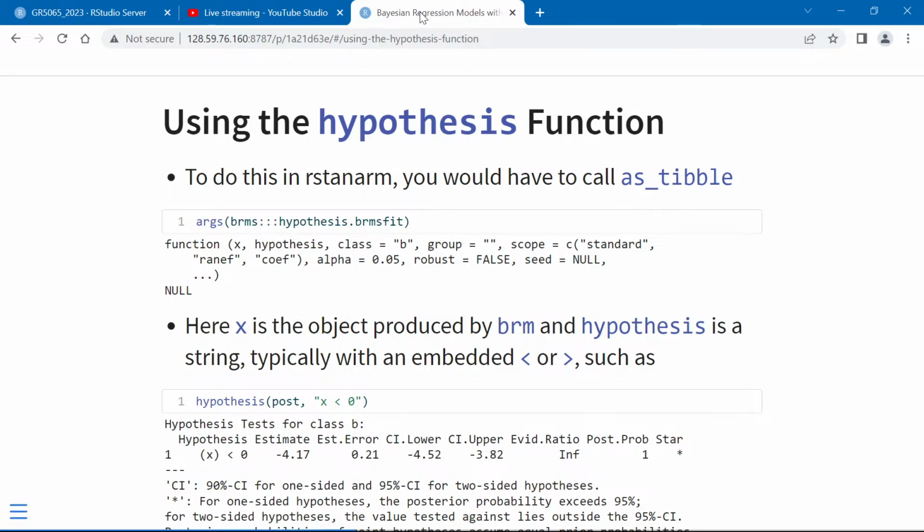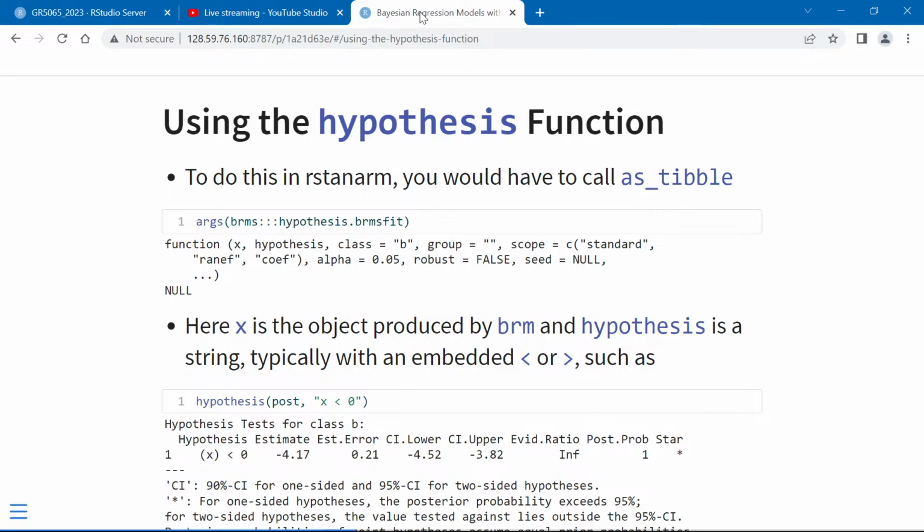And if this post-prob doesn't have to be 1, but if it's sufficiently high according to some threshold, you get a star, which is really what the psychologists are interested in. Some sort of certification that the hypothesis in question is true.